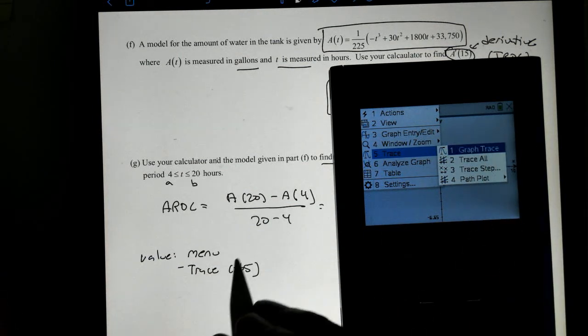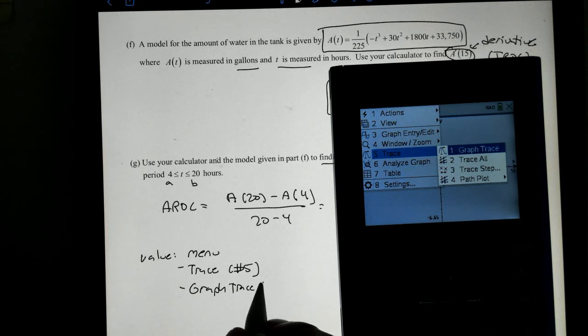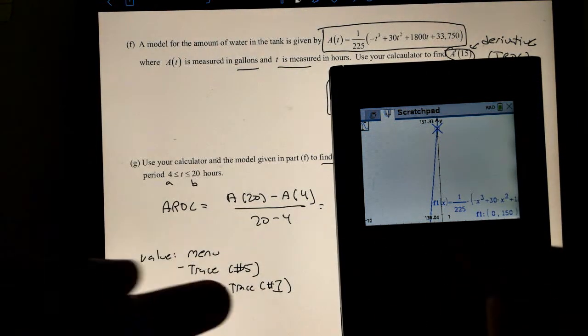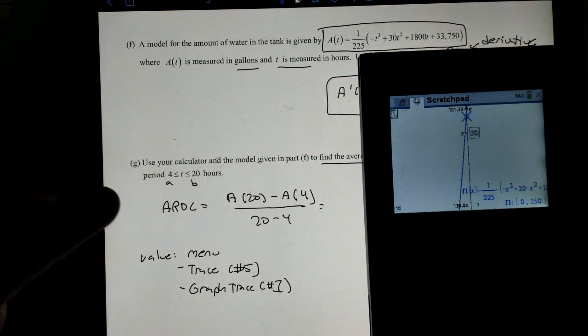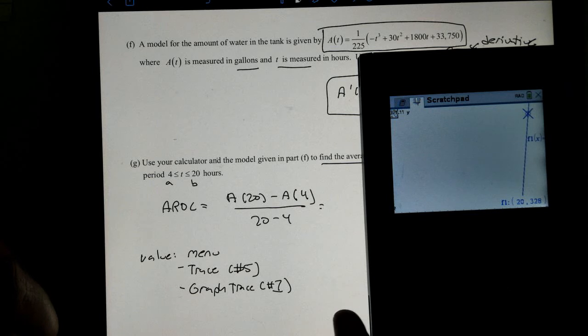You want to trace something on the graph. Graph trace is number 1. Press enter. Now you don't have to highlight anything. You don't have to scroll. All you have to do is just type in 20, and it goes there. So it says A of 20 is 328.